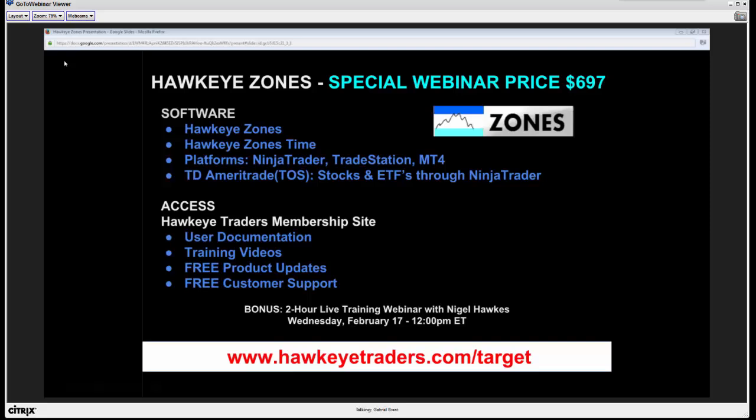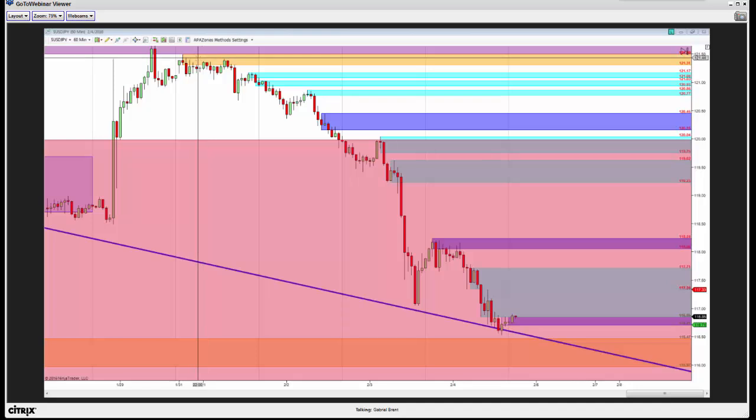Let me see if I can show you a quick example of that. Basically what we're looking at here is, you see the zone bounce up there, and then as price is rolling down, you get a zone bounce, and then continually we're starting to make zones.